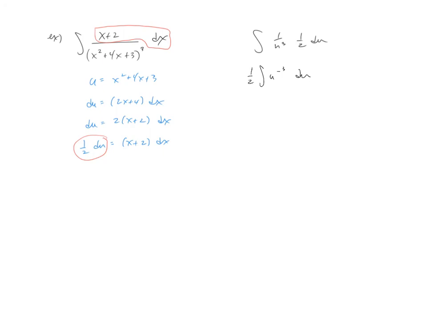At this point now you can call that u to the -3rd, and when we add 1 and divide, that's going to be multiplied by a -1/2 u to the -2nd plus c. So we get for our final answer then -1/4 x squared plus 4x plus 3 to the -2nd plus c.